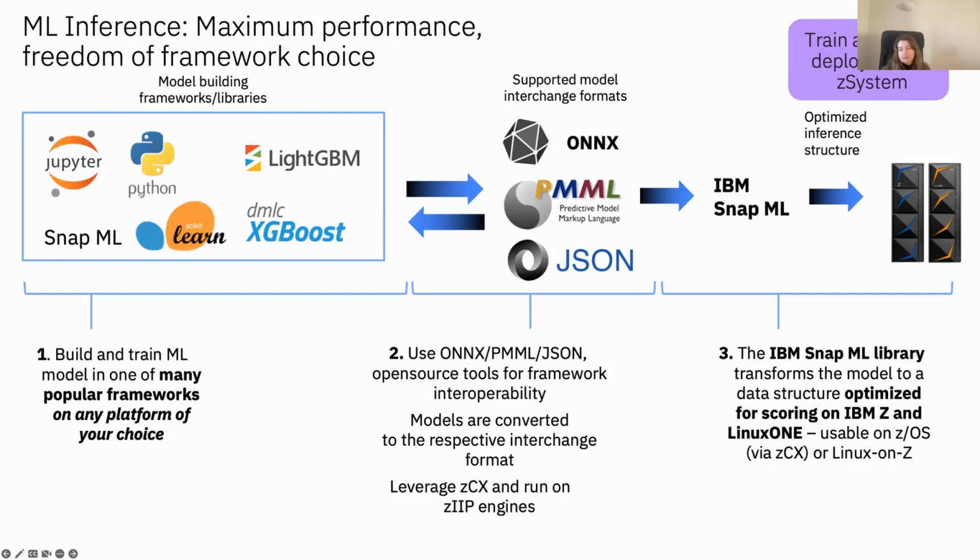So if your data scientists are training their models anywhere on any other platform, all they need to do is export their model into one of the compatible formats, and then you could run the model on Z without any changes to the model itself. So this is very flexible. This allows you to train your models anywhere and then deploy them on z16 or IBM Z in general.